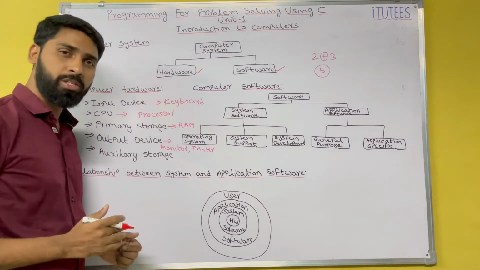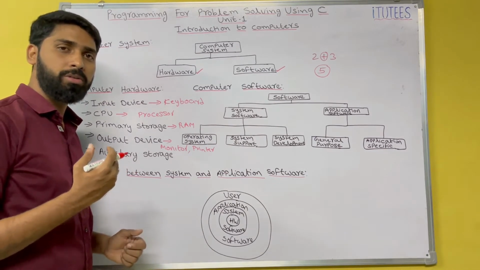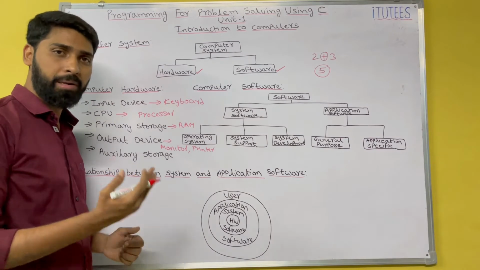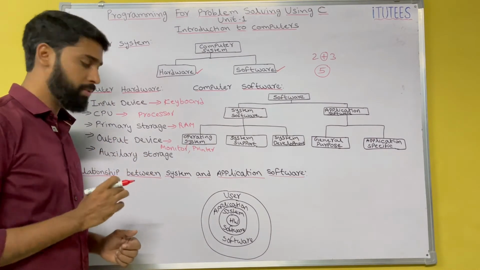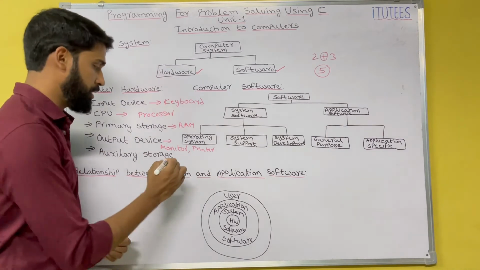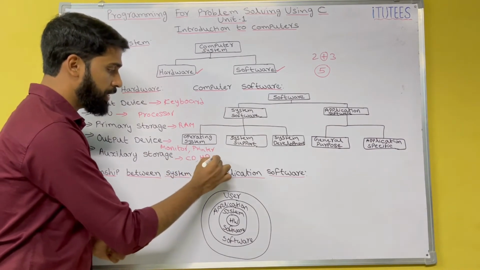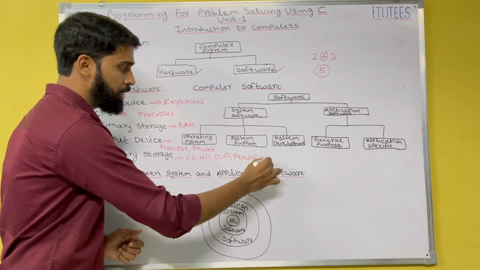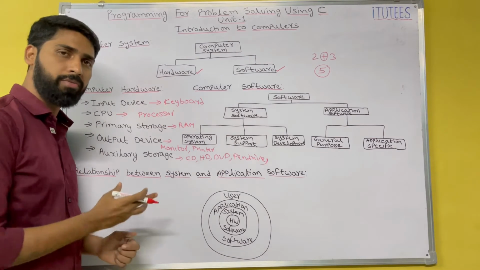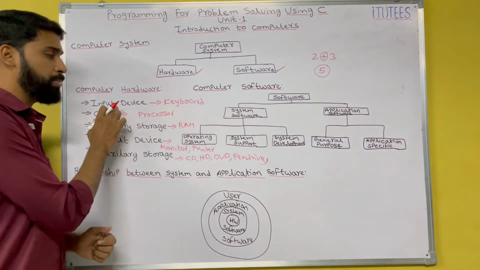Auxiliary storage is where I store a file permanently, in a memory. That memory is called auxiliary storage: CD, hard disk, DVD, pen drives. All these are secondary storage devices, also called auxiliary memory.